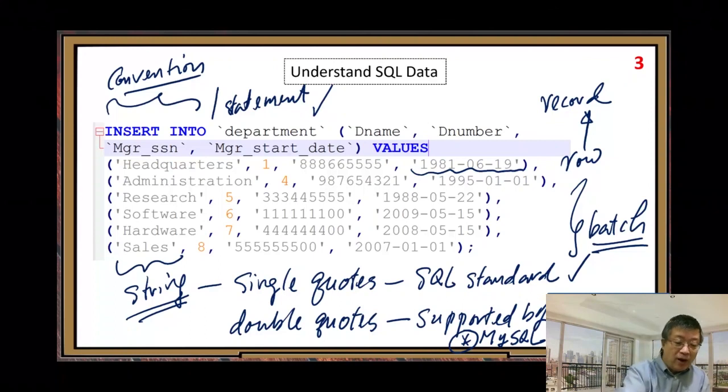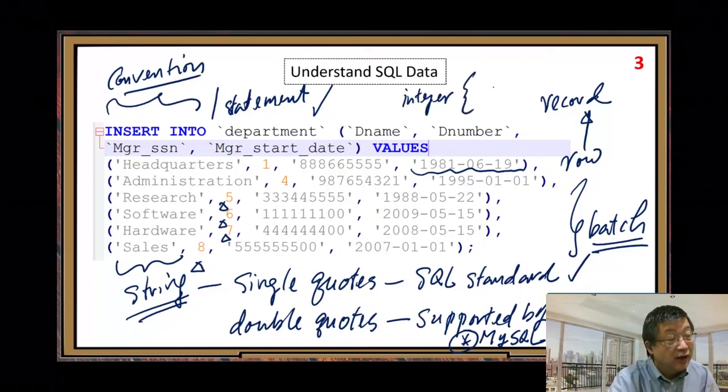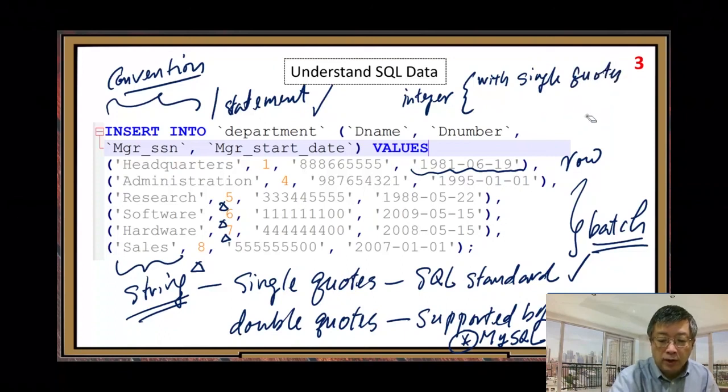Then look at the integer part. Integer, department number. You can see for the integer, we do not use single quotes around it. For integer data, there are two ways you can use: with single quotes, or without single quotes.